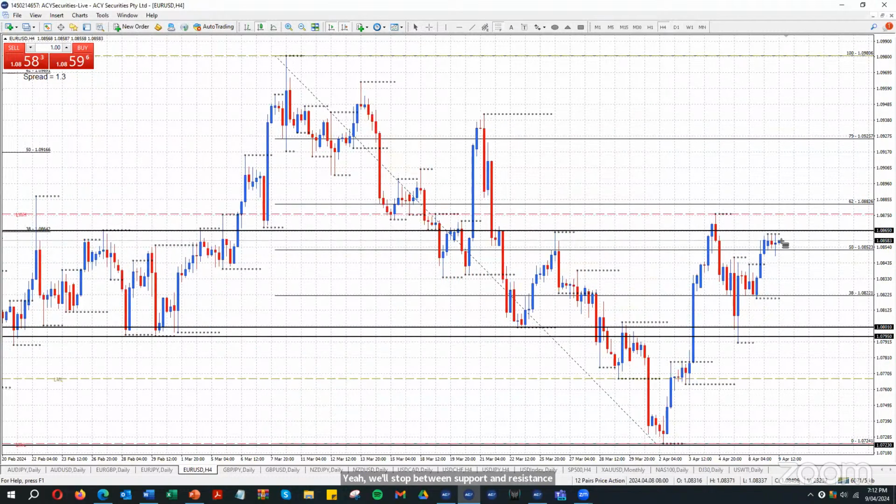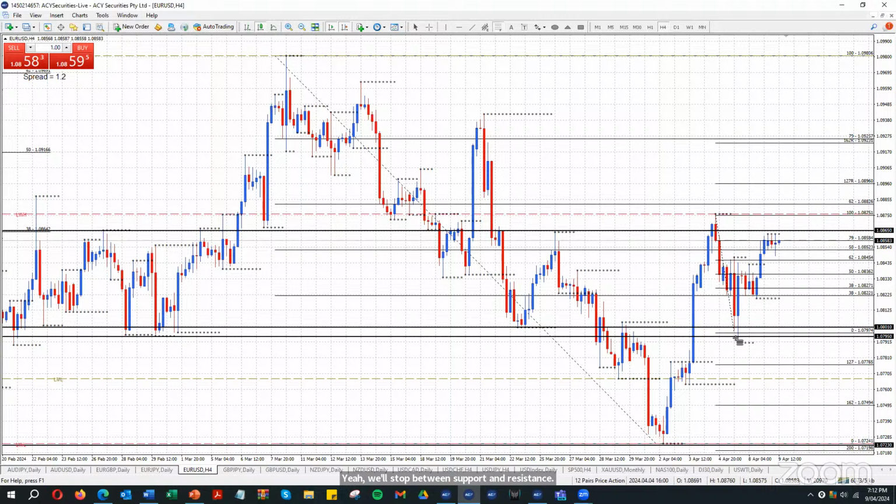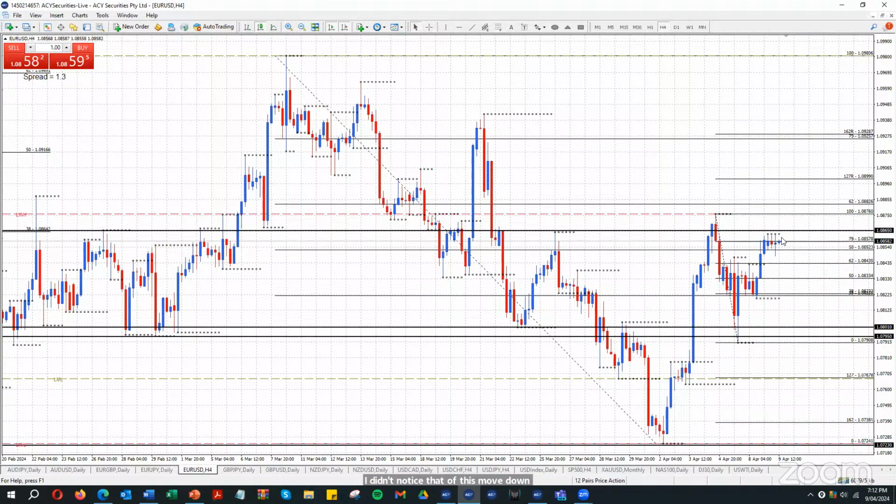I did notice that of this move down, there's a little 79% level that we're hanging around right now. So if your bias is there's a high here, it's not textbook, but there's some form of maybe head and shoulders.